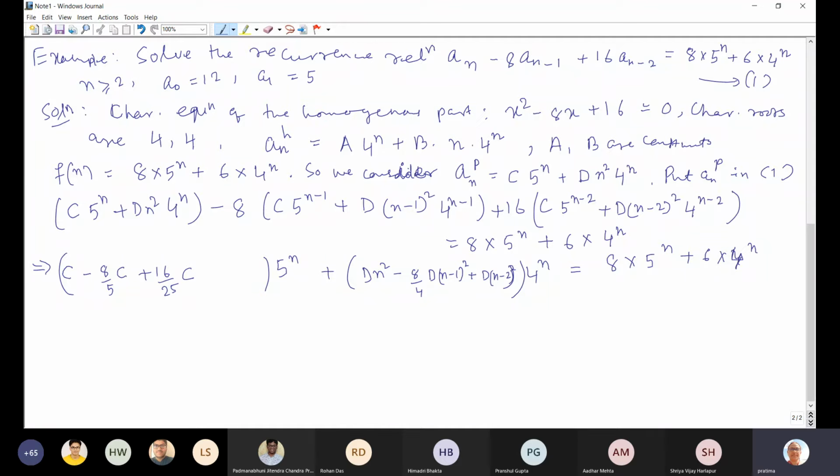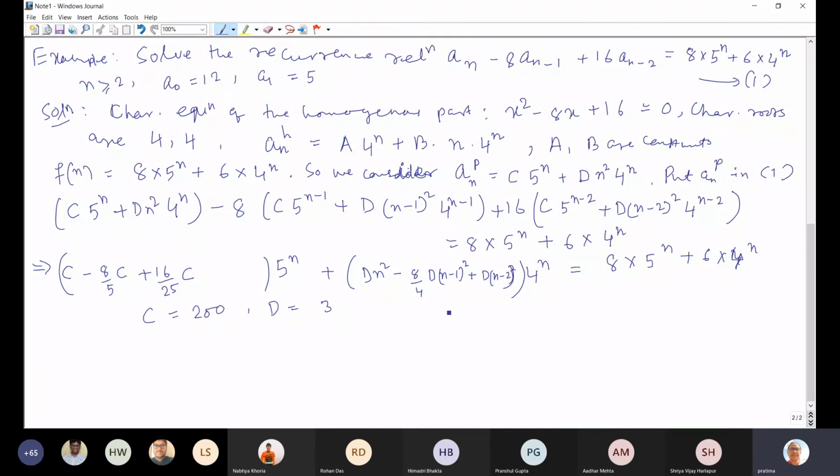Ma'am, C equals 200 and D equals 3. C equal to 200? Yes, ma'am. C equal to 200 you are getting, and D equal to 3. D equal to 3. Okay.